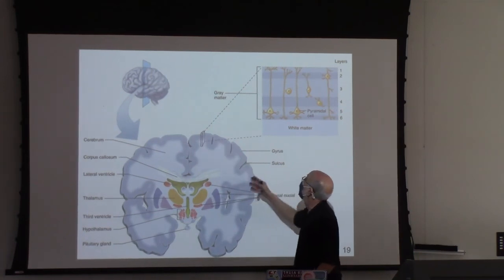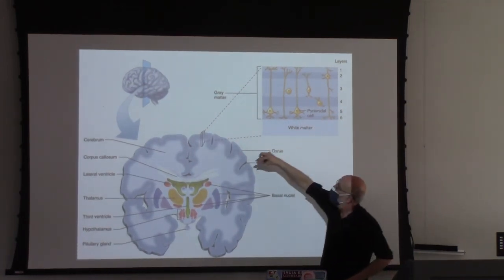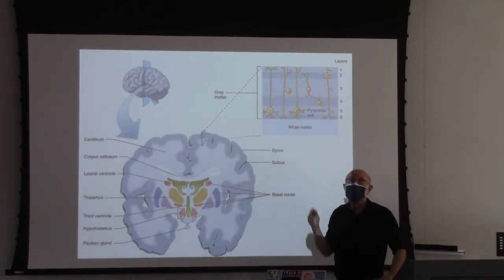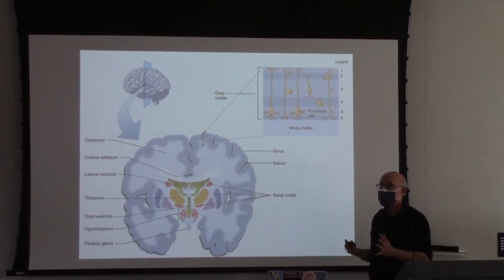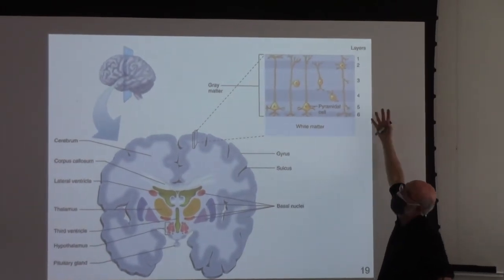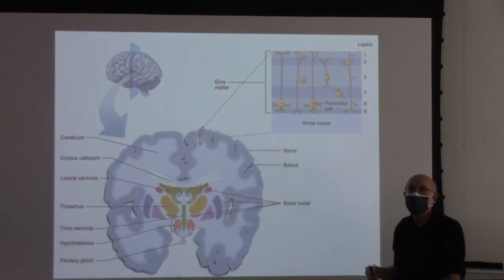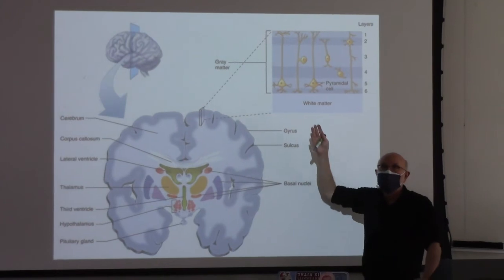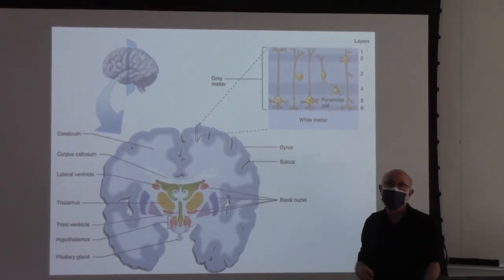The gray matter of the brain has a layered structure. It's a highly organized, layered structure. I am not going to ask you to know the different layers and what cell bodies are in which layers. But I do want you to know that there are layers, defined by what cell bodies are in what layer. But I'm not going to ask you to memorize that.